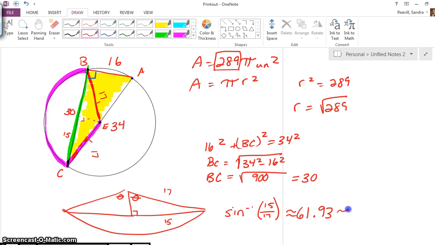So theta is approximately equal to 61.93. That makes this angle 2 theta, approximately 123.86. Therefore, the measure of arc BC is approximately 123.86 degrees.